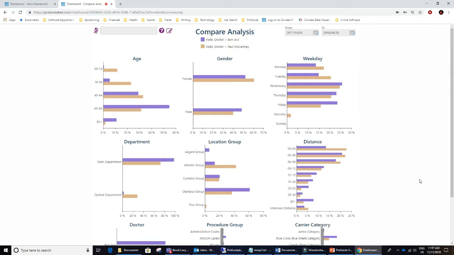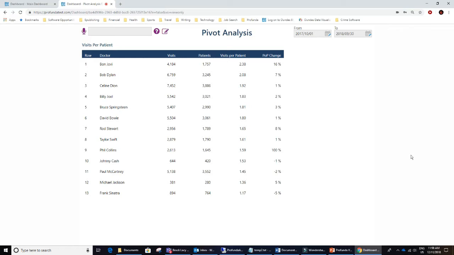With Profunda Voice 2.0, you can also perform the next step in the analysis in only seconds, like this. Go back. Change column age.